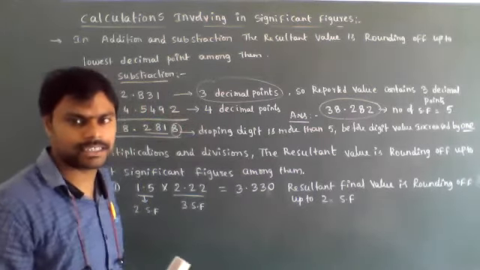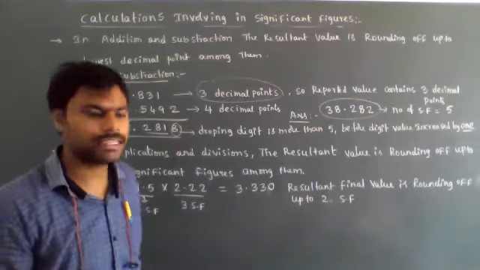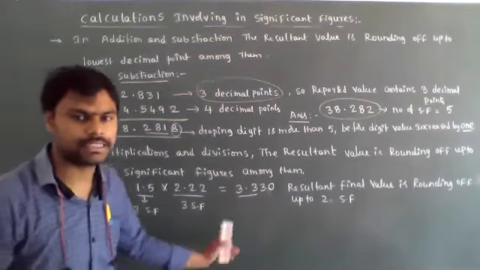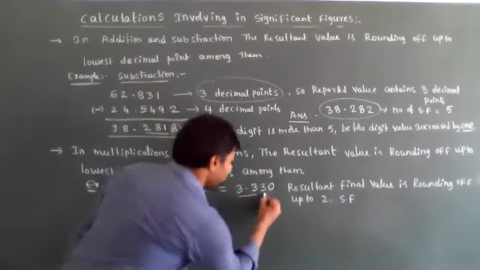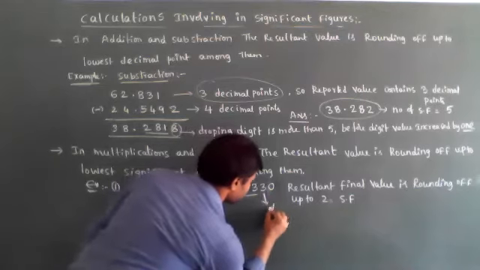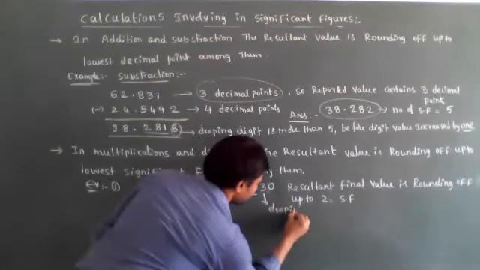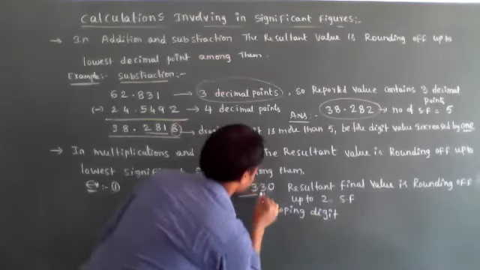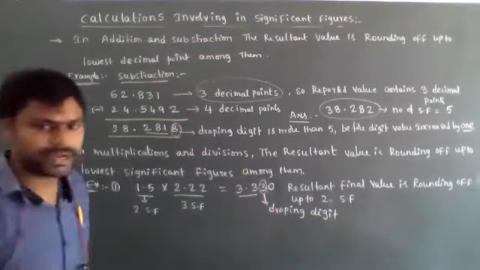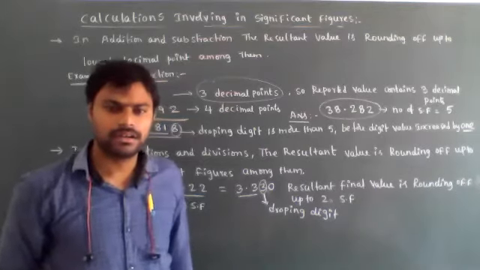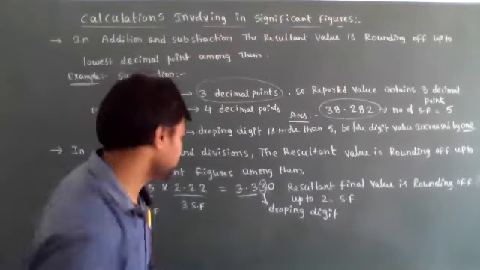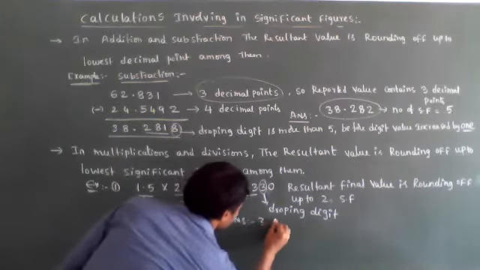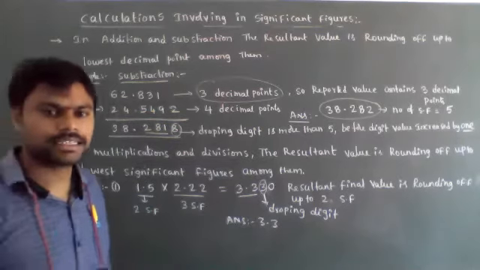This 3.330 we need to round off up to how many significant figures? 2 significant figures, which means 3.3. This is the dropping digit, 3. But this dropping digit is less than 5, then the answer is 3.3 only.